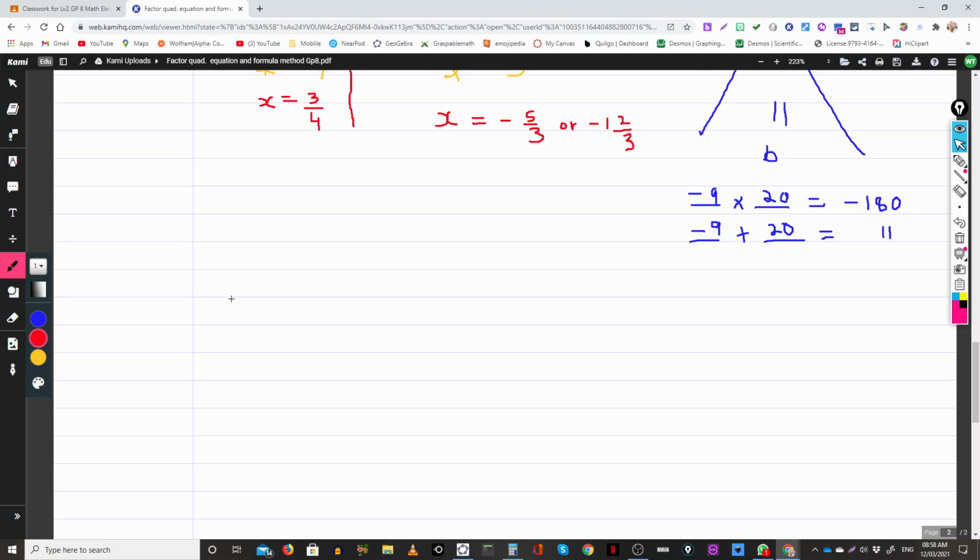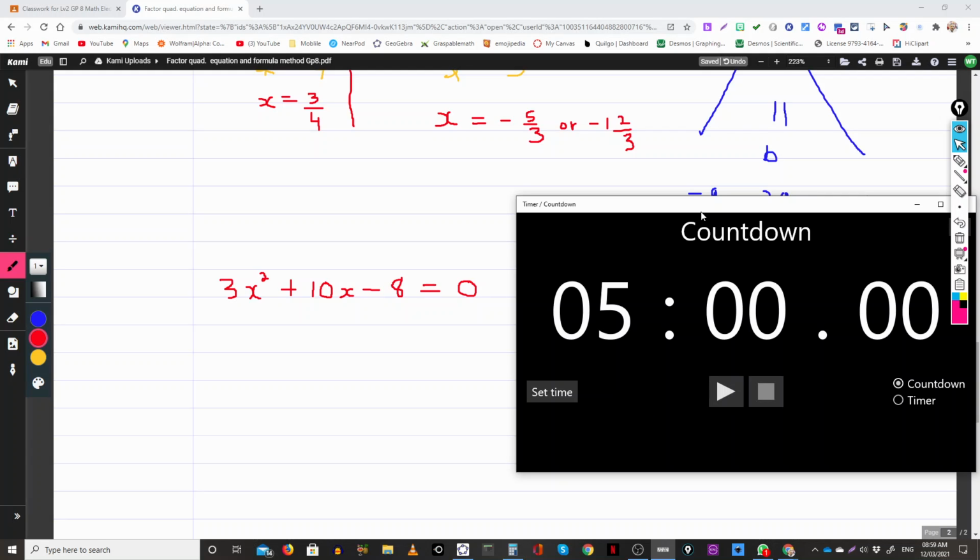So this question is 3x squared plus 10x minus 8 is equal to 0. Alright, so work on this question. I give you 5 minutes starting now.